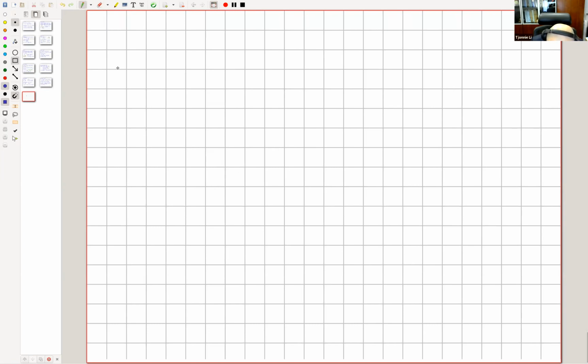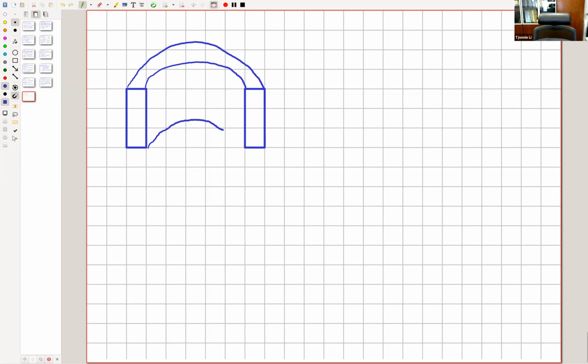These are the edges, kind of open-ended. So we get something that looks like this, something that looks like this, and then something that goes like this. Okay, let me draw this a little bit better.